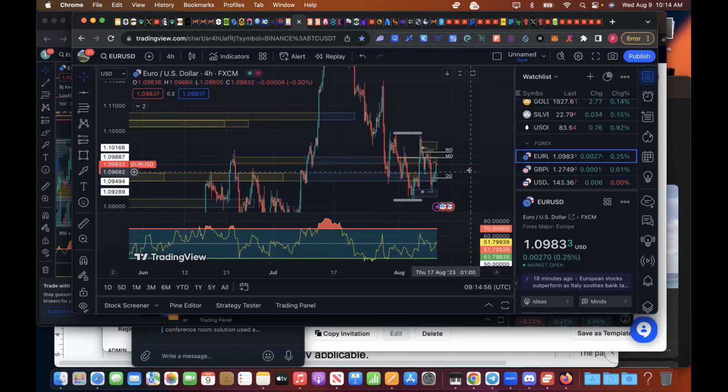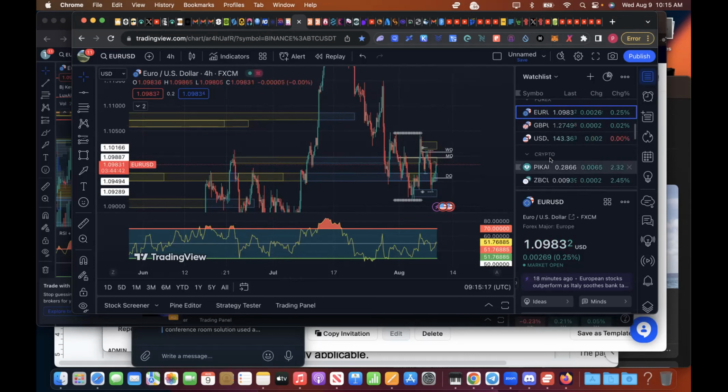So I'm not interested. No, it could move. Euro USD could move. Who knows? But if it crosses 1.1011 something, then that means it's going to keep moving up. But I'm not too interested in it.